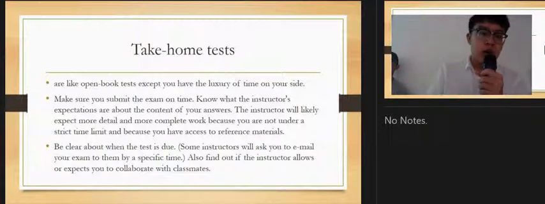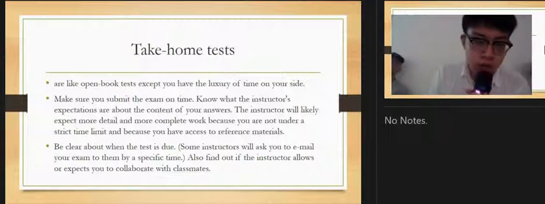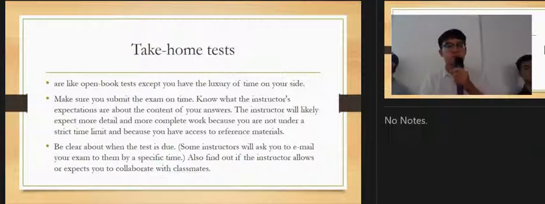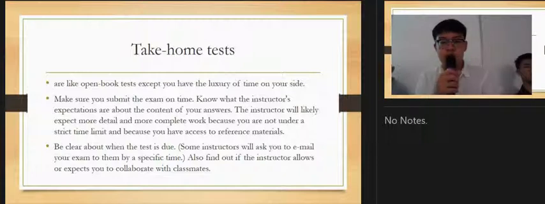Take-home tests are like open book tests, except you have the luxury of time on your side. Make sure you submit the exam on time. Know what the instructor's expectations are about the content of your answers.